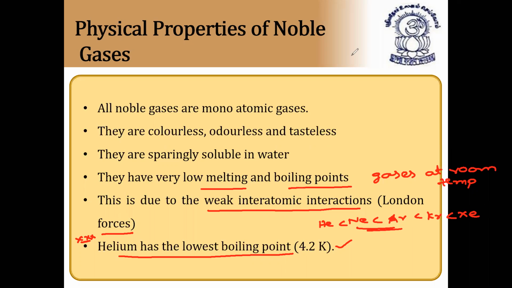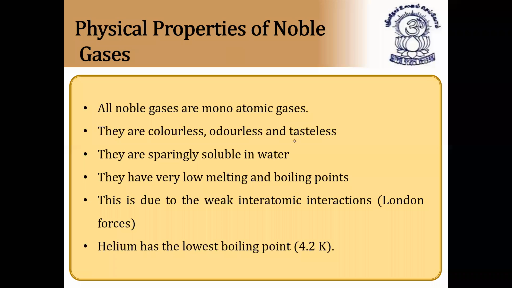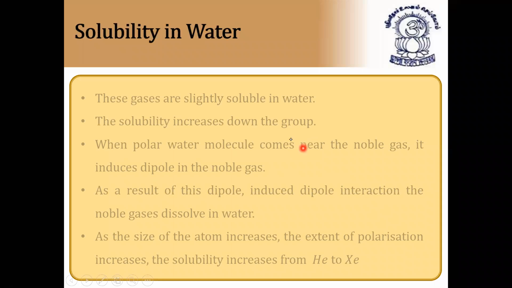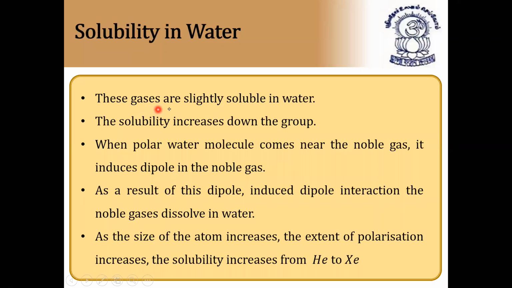Next, continuation. Solubility in water. These gases are slightly soluble in water. The solubility increases down the group. When a polar water molecule comes near the noble gas, it induces a dipole in the noble gas.